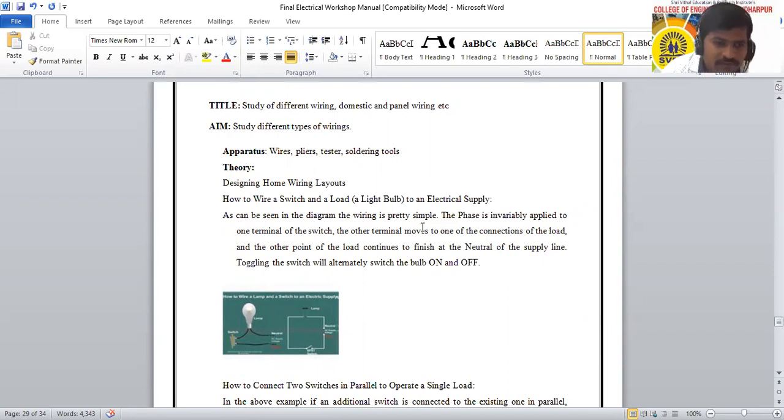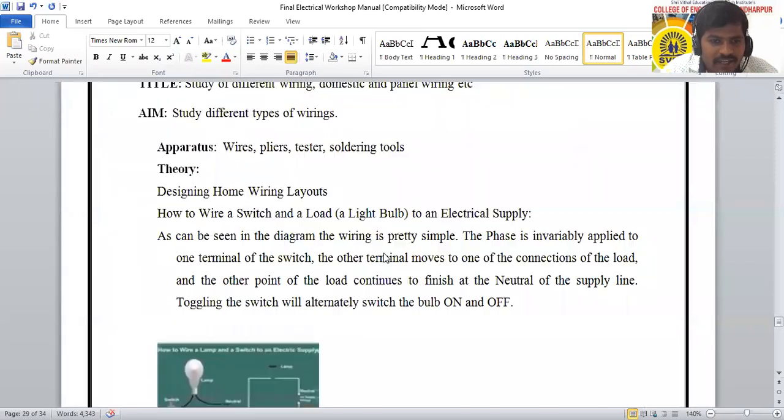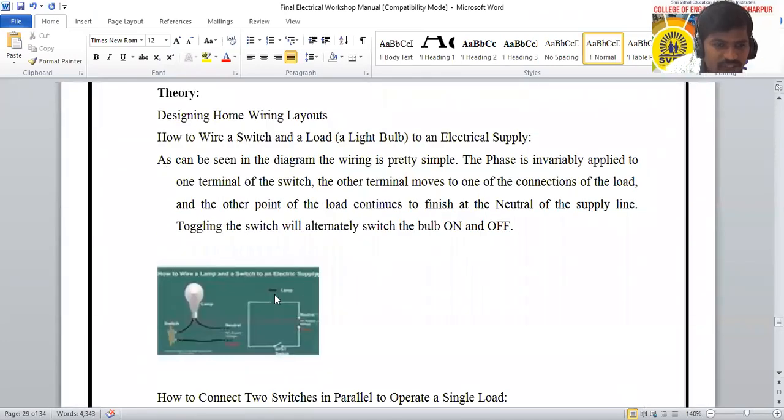Suppose one diagram is given, with a positive terminal and a negative terminal of the supply. One terminal, the phase terminal, is connected through a switch.